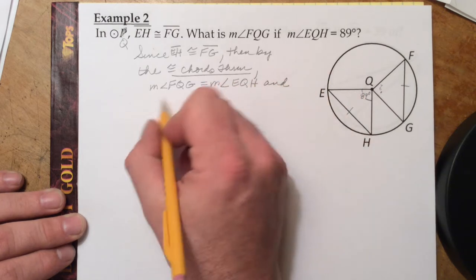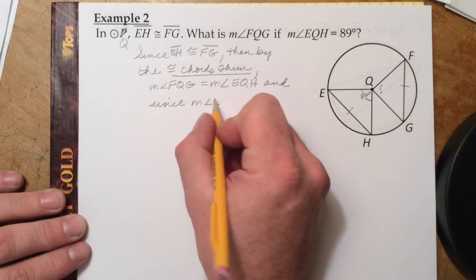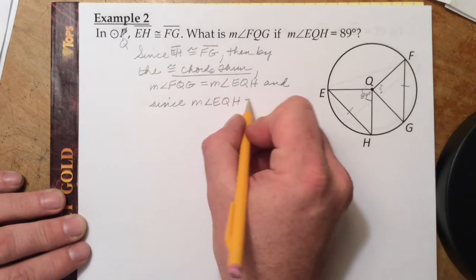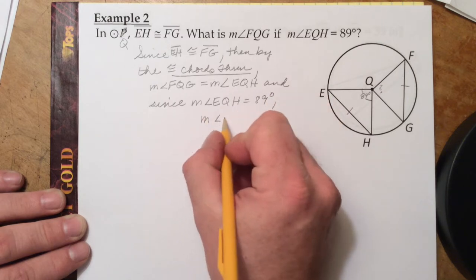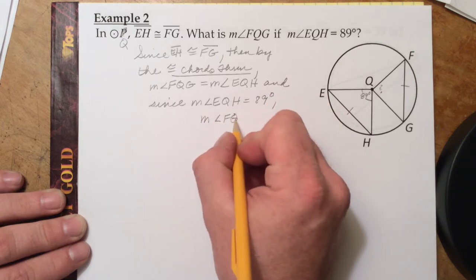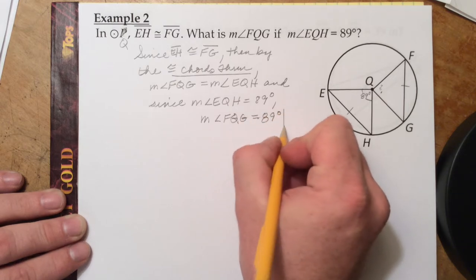And since the measure of angle EQH they gave us is 89 degrees, the measure of angle FQG must also equal 89 degrees.